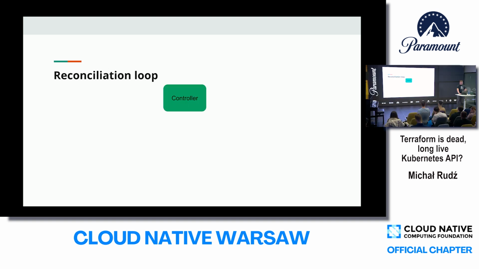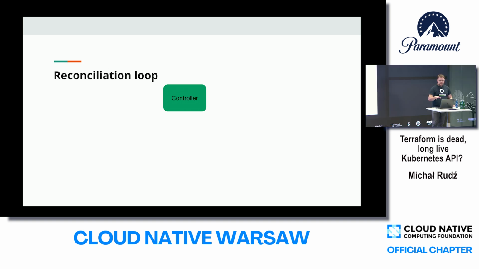How does the reconciliation loop work? So we have the controller. I assume that people who work with Kubernetes know what a controller is. If not, the controller is a piece of software which constantly controls some object inside Kubernetes.